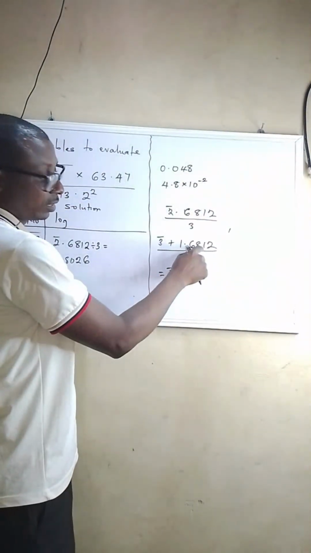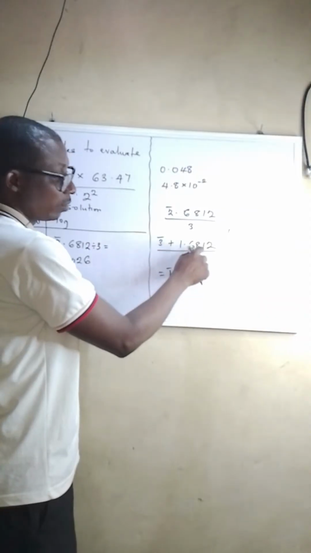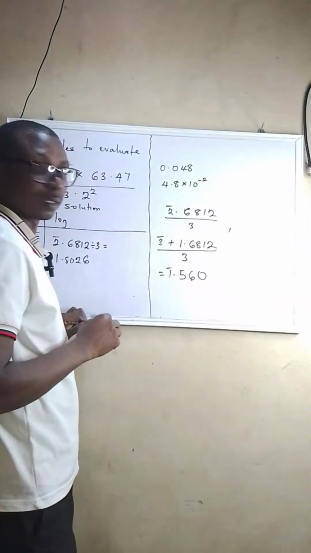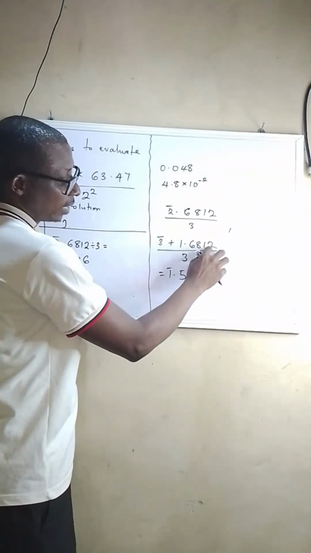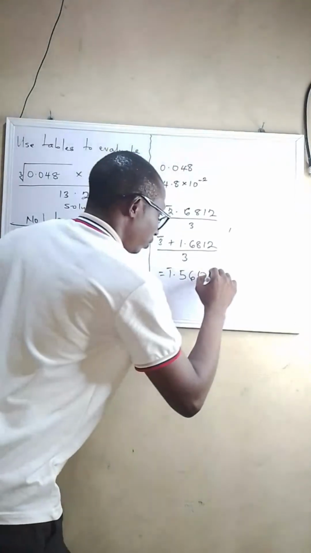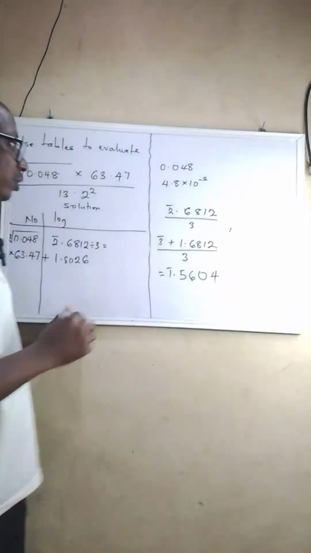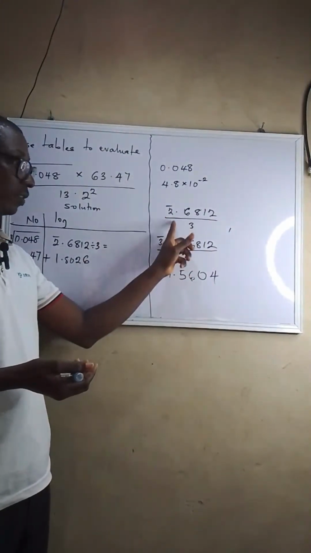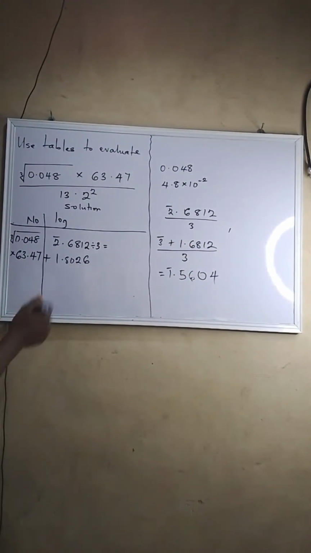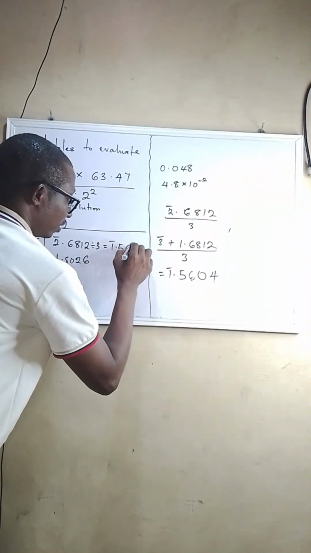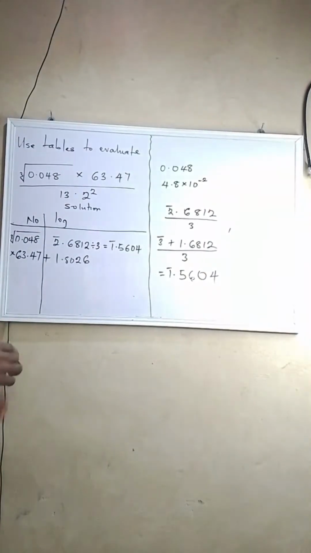Now the next digit is 1. 3 goes in 1, that is 0. Okay, now you pick 1 and 2, that's 12. 3 goes in 12, that gives you 4. All right, so the result of the division of this gives us about 1.5604. Hope you get that.